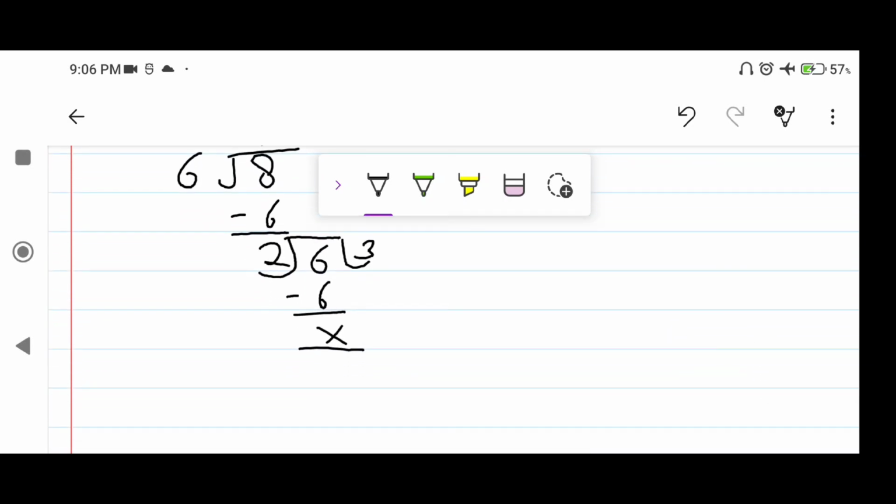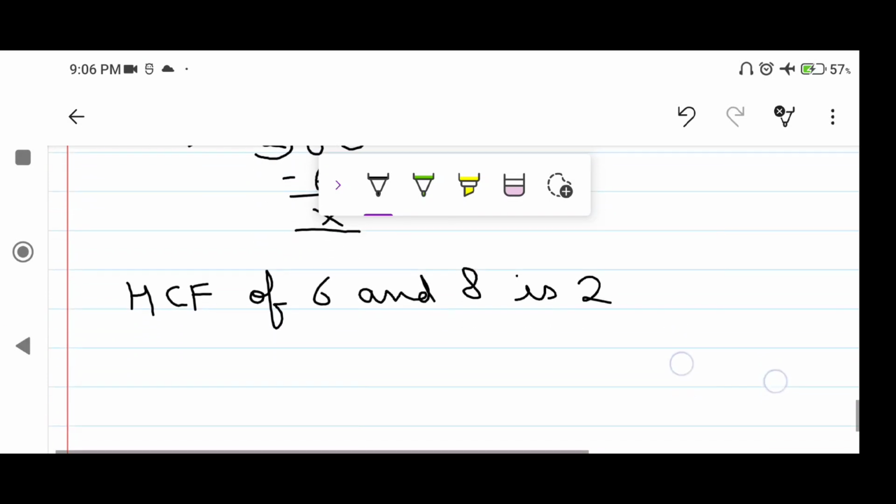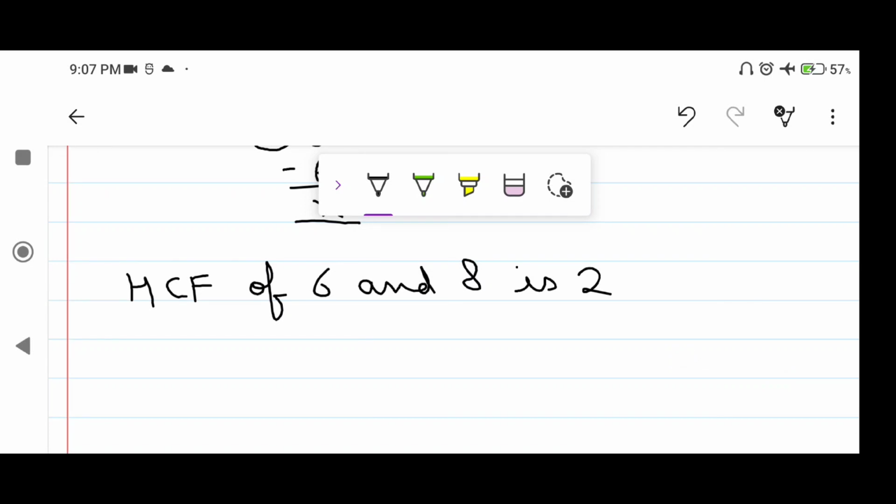So which is the HCF of 6 and 8? That is number 2, which is the last divisor. But we had 3 numbers, not just 2 numbers. Now we have to find the HCF of the 3 numbers.